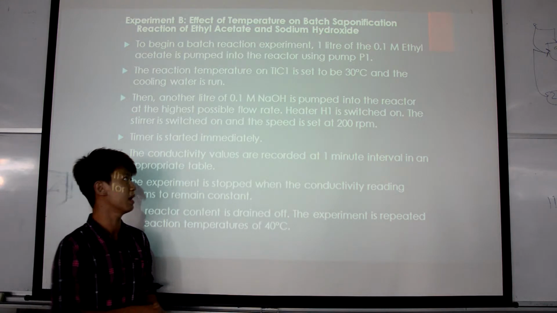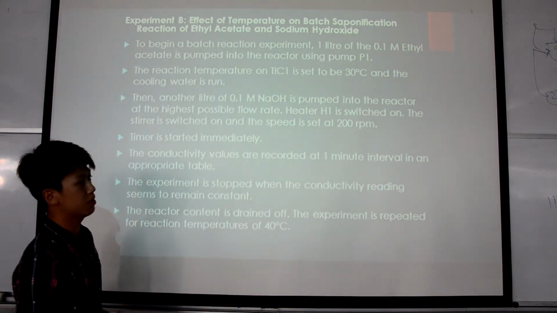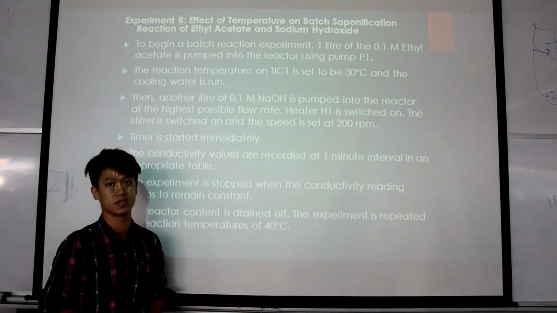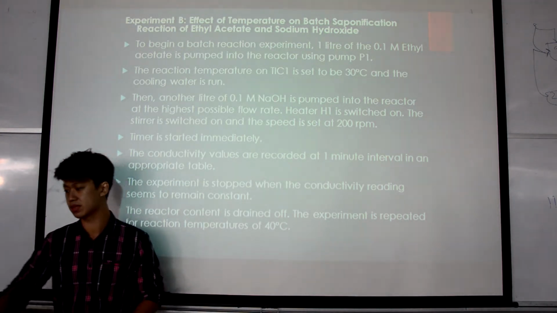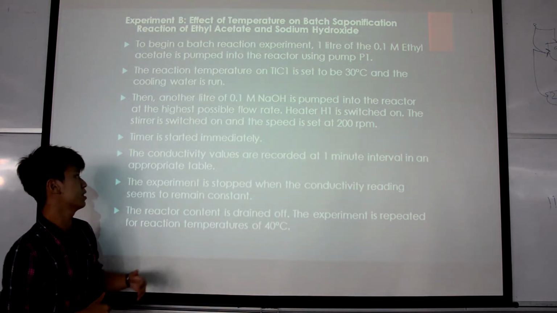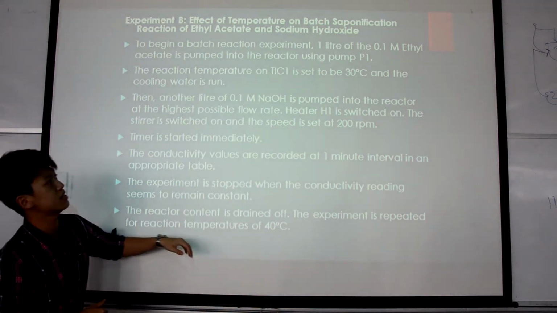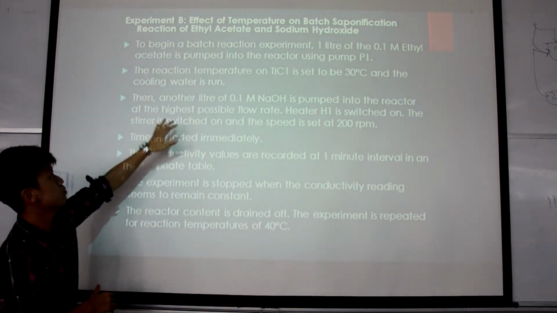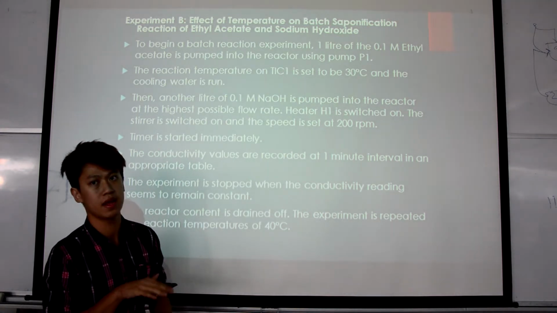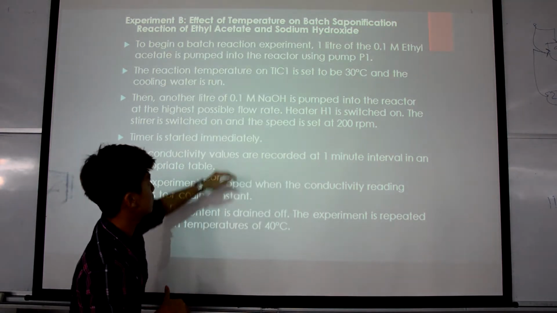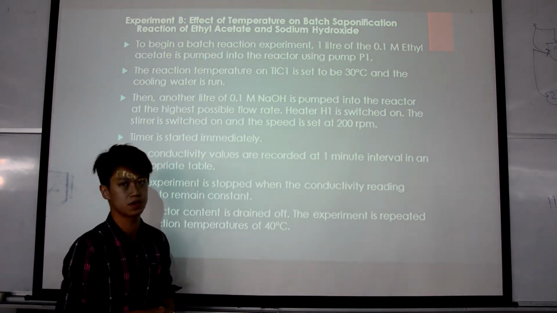Now, moving on, this is how we carry out the experiments. First, to begin our reactions, we have to pump the reactants inside the reactor, and the temperature will be set to 30 degrees Celsius, because we have to compare the reaction between 30 degrees Celsius and 40 degrees Celsius.